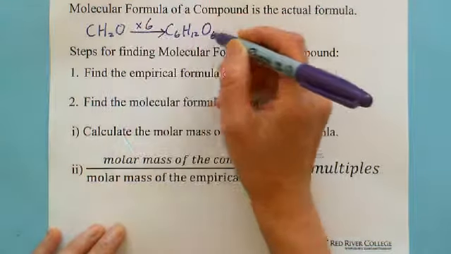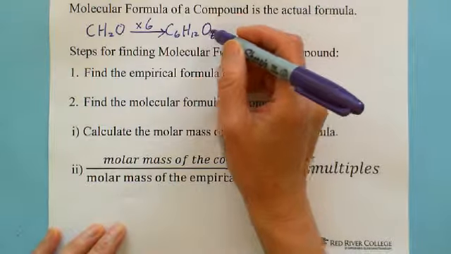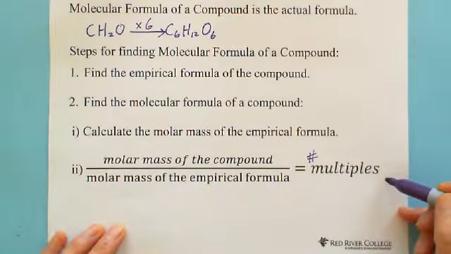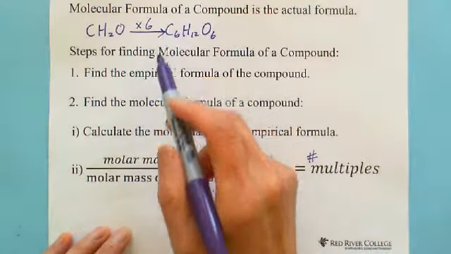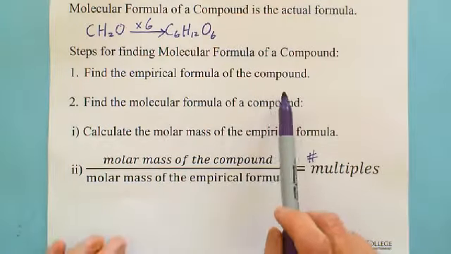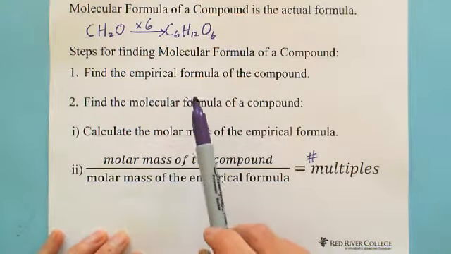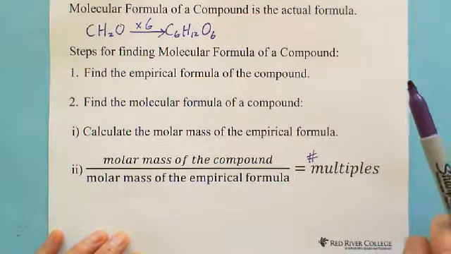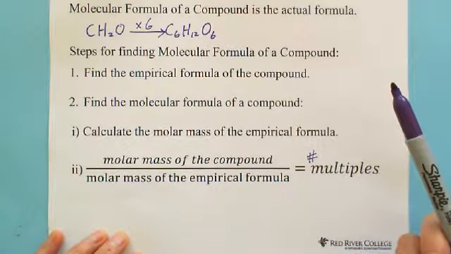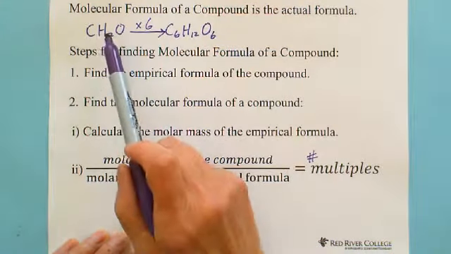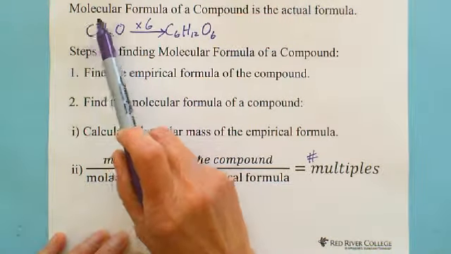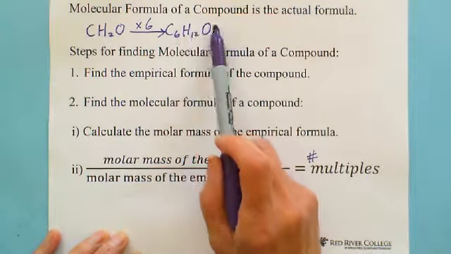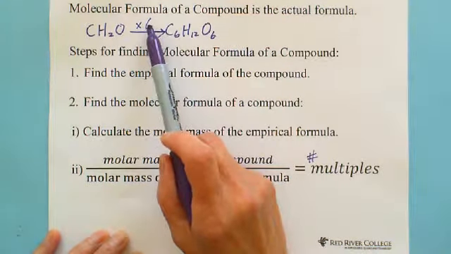In this case, you multiply by 6, and actually the 6 is the number of multiples. So to look for the molecular formula, after you find the simplest form or the empirical formula by using the percentage composition, you can find the molar mass for this empirical formula. And because you already have the molar mass of this part, that's where you can find this one, right?